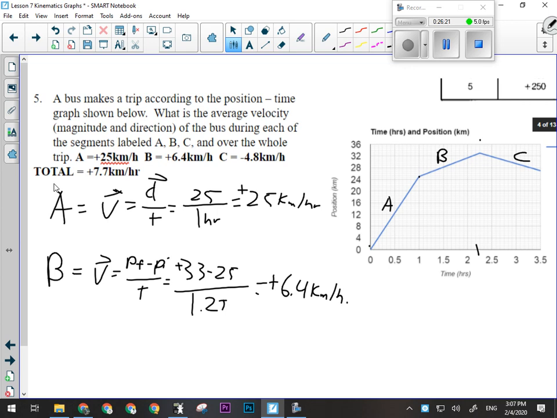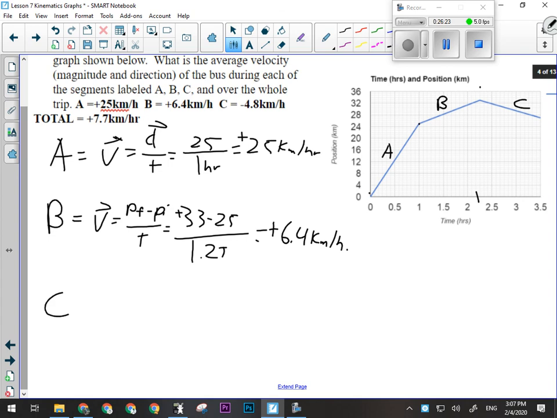Similar calculation for part C. Our average velocity in part C will be final position minus initial position over time. So we're going to have a final position of 27, an initial position of 33. And our time, we're going from 2 1/4 to 3 1/2.